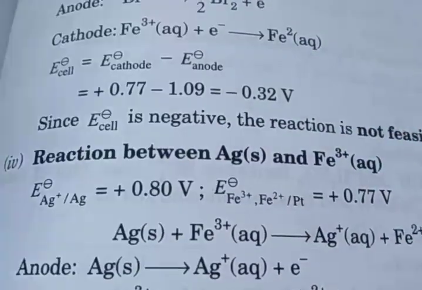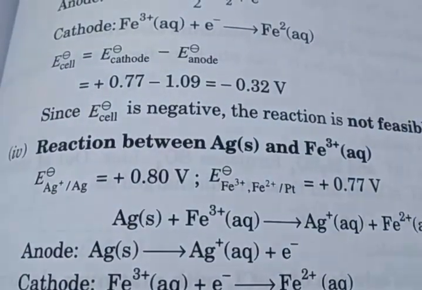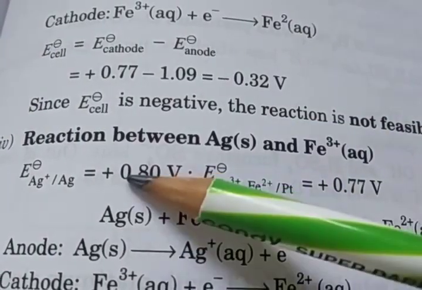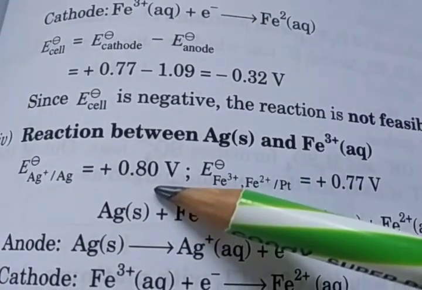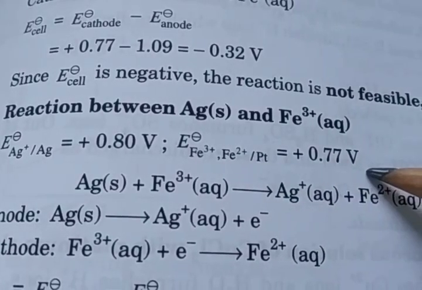Then the fourth reaction, between solid Ag and Fe3+. For silver the electrode potential value given is 0.80 volt and for Fe 0.77 volt.